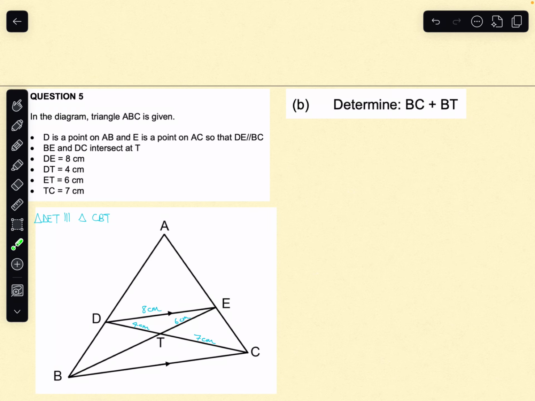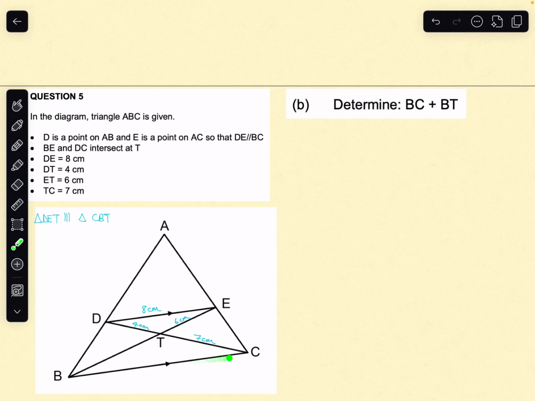We are asked to find BC plus BT. We're going to use our similarity to figure that out, because we have the lengths of all the sides over here, and we have one length in this triangle, so we can figure out the proportion relationship between these two.